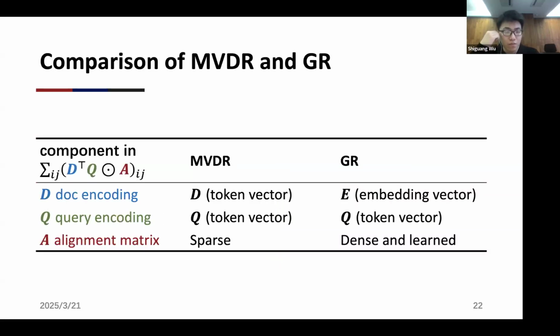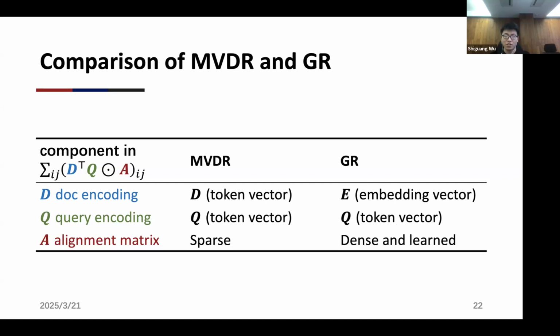If we compare these two paradigms using the framework, we have two apparent differences. First, they compute the document encoding in a very different way. In multi-vector, we use the token vector as the document encoding, so it is contextualized. It contains information from the context of the whole document.